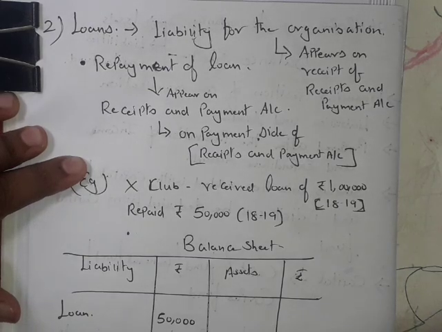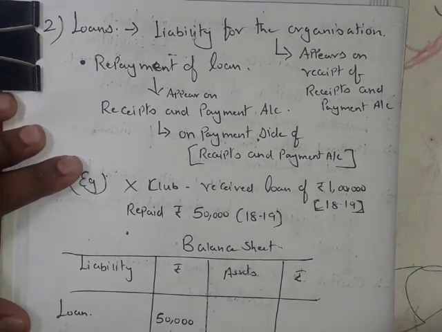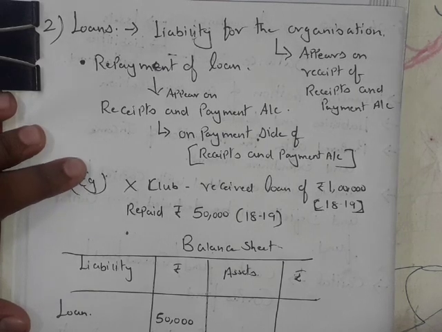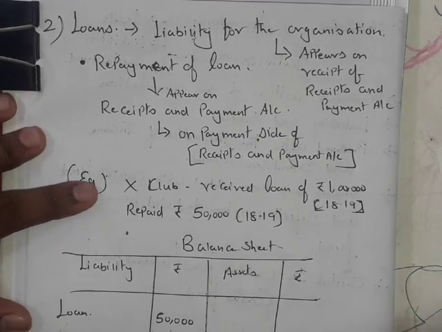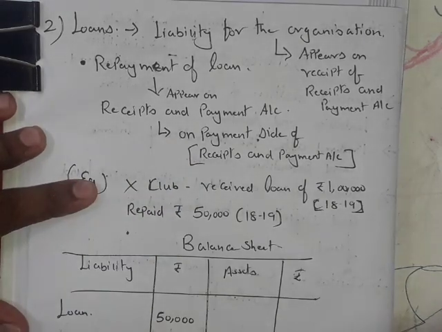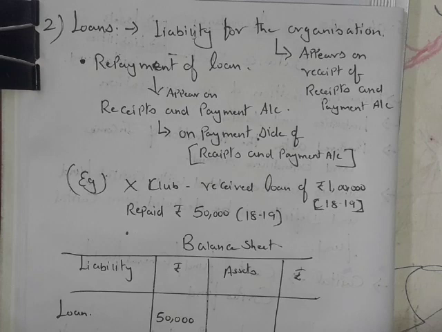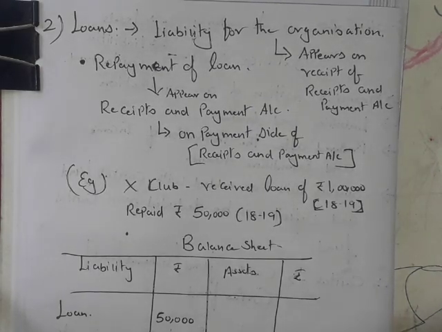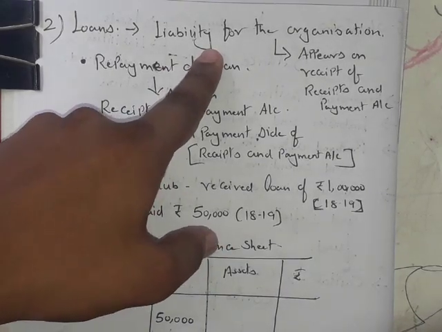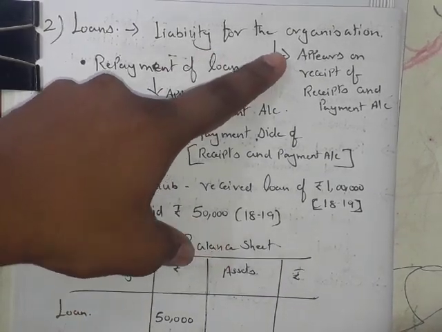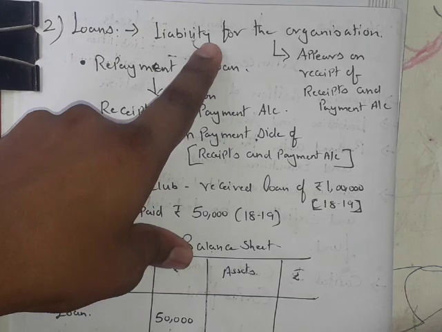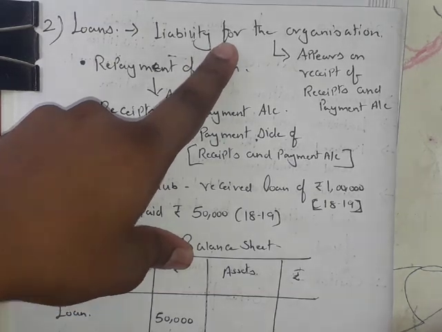In a non-profit organization, there are possibilities whereby the NPO can apply for loans or get loans from the banks in order to meet their requirements or expenditures. And as you all know, loan is a liability for the organization, and this loan will appear on the liability side of the balance sheet.